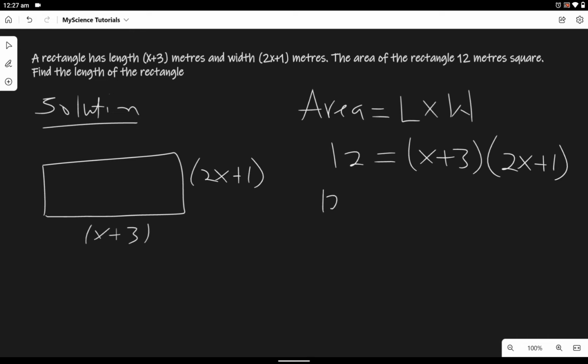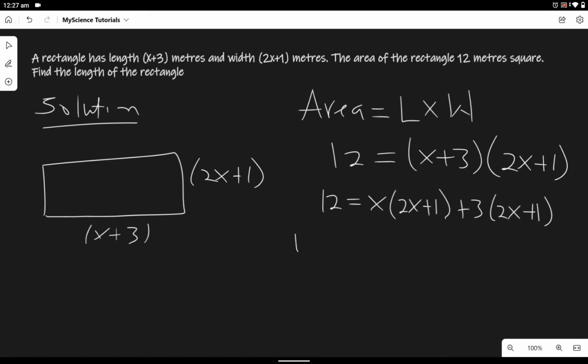So we have 12 is equal to, expand this bracket: we use the first term here to multiply the entire second bracket, and we use the 3 here to multiply the second bracket as well. So we are going to have x multiplied by 2x plus 1, then plus 3 multiplied by 2x plus 1.